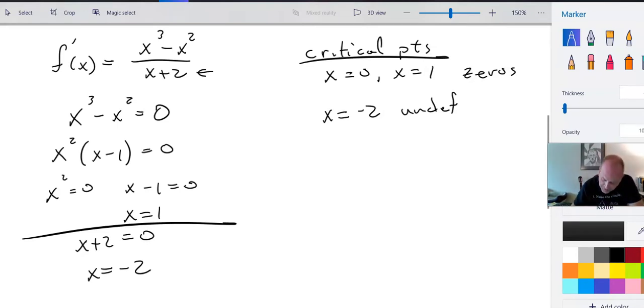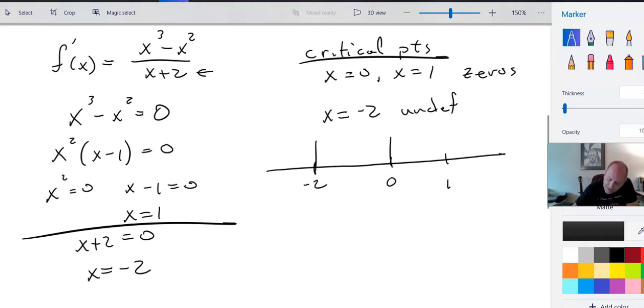So let's go ahead and look at a number line. Let's draw in a number line, and we'll mark all of this on here. So we got negative 2, 0, and 1. So we have 3 regions here. And I know that the 0 at 0 came from a 0 of the function.